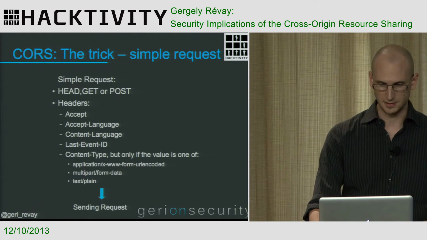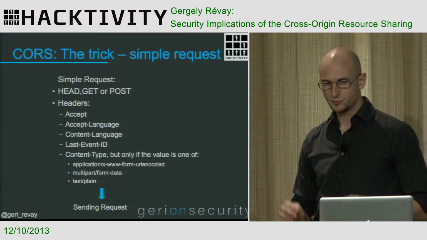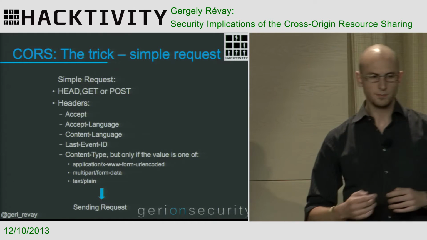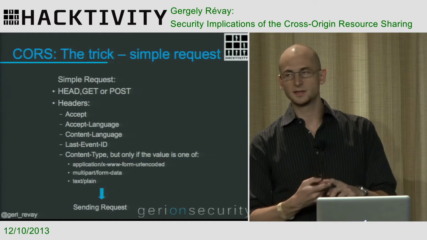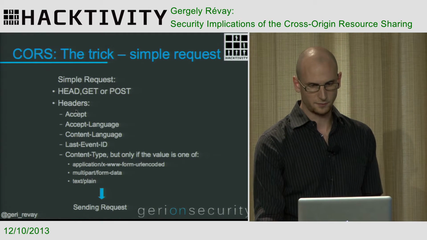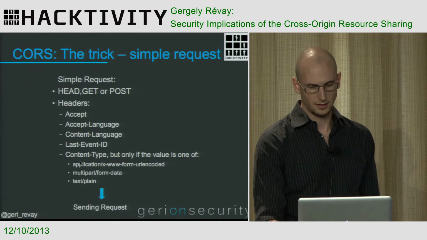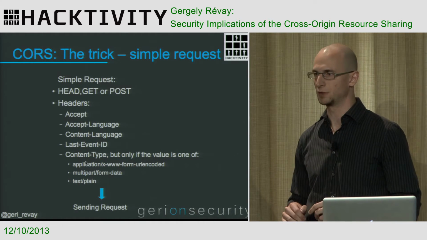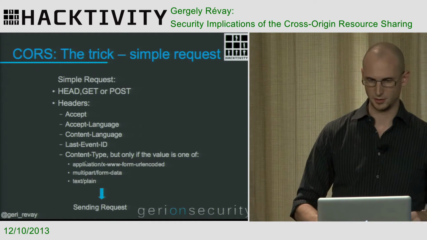But how does it make the decision? The trick is that a simple request is very strictly defined. A simple request can be only a HEAD, a GET, or a POST with these four headers and with these content types. Anything else is not a simple request. That's the definition.